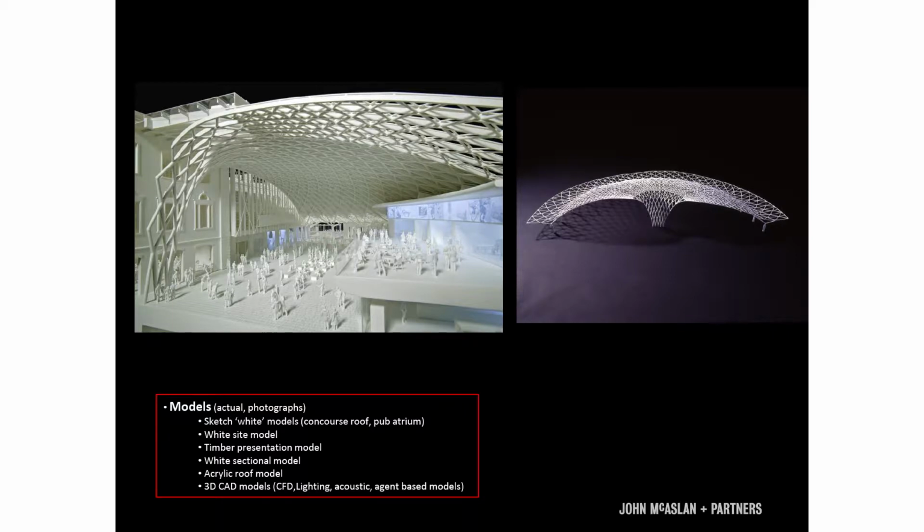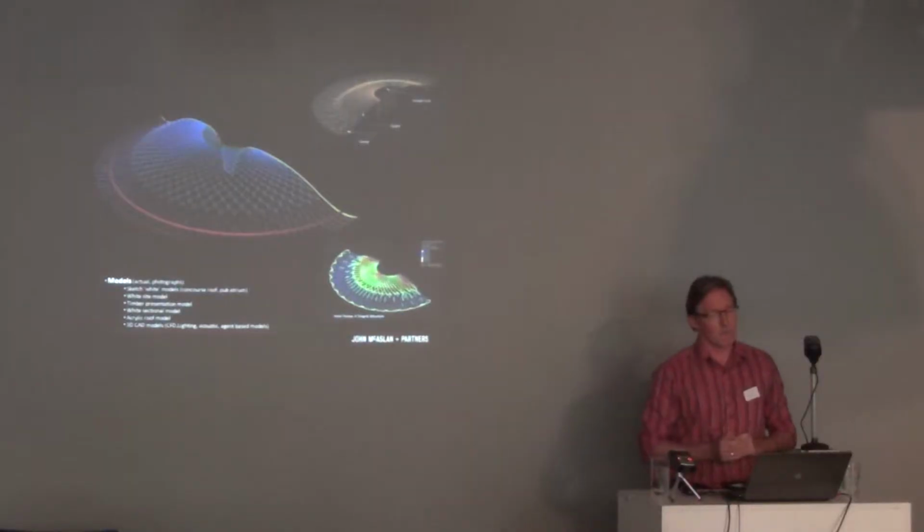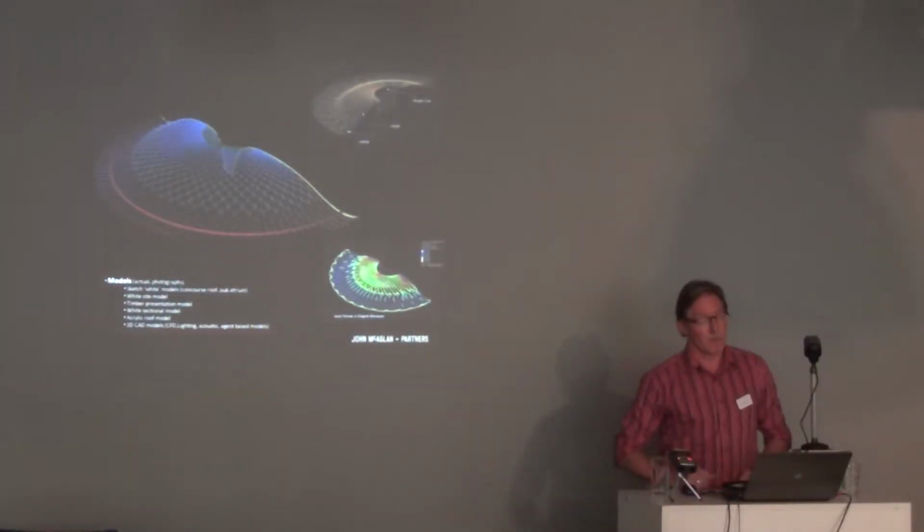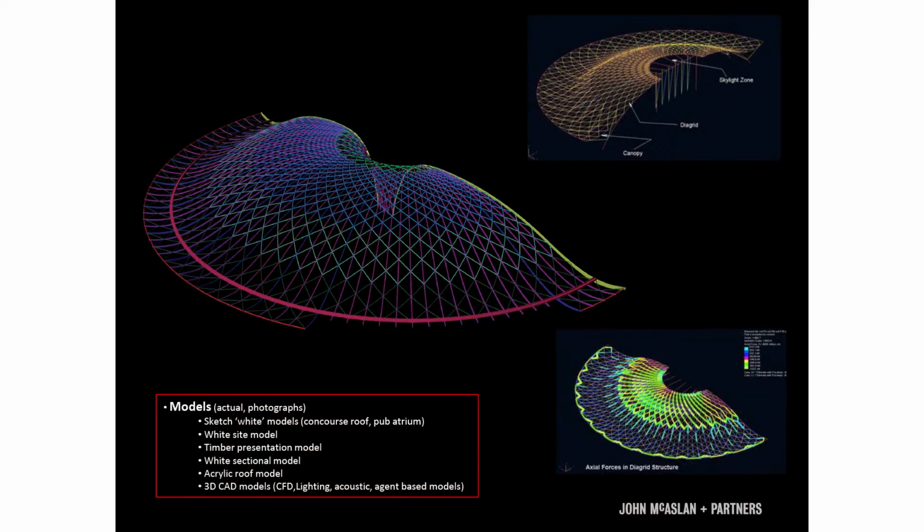But also more interestingly from the digital perspective, that idea of modelling. Probably around the time of the challenge placed by the design of the concourse roof, we started to get into digital modelling.